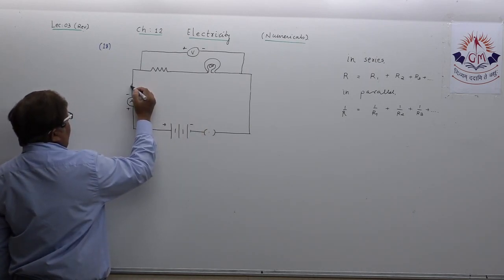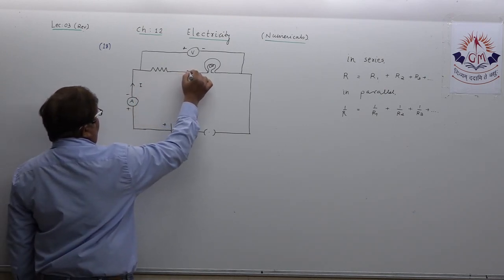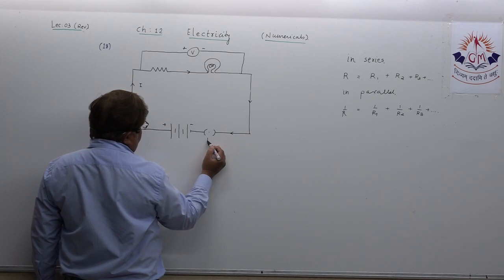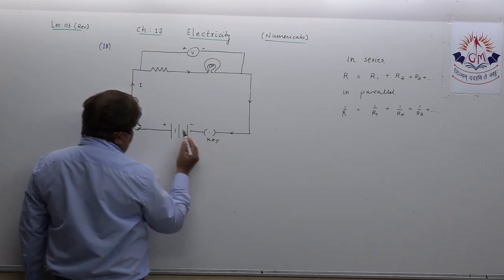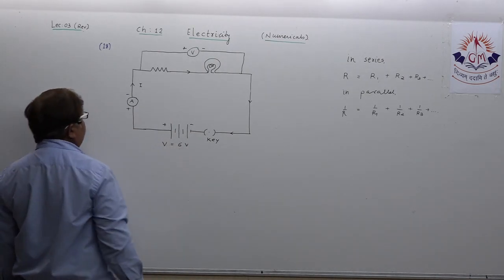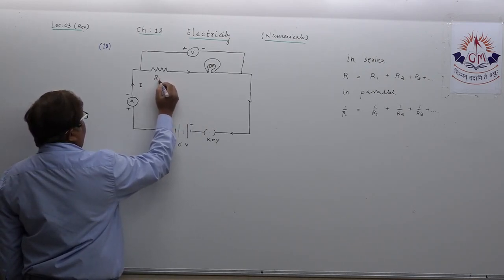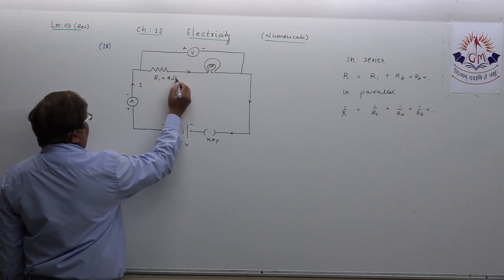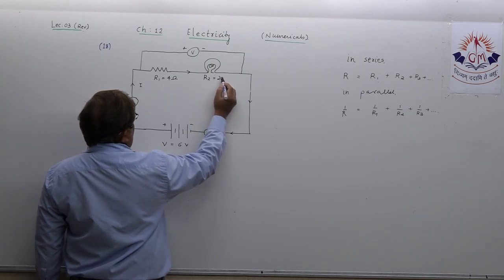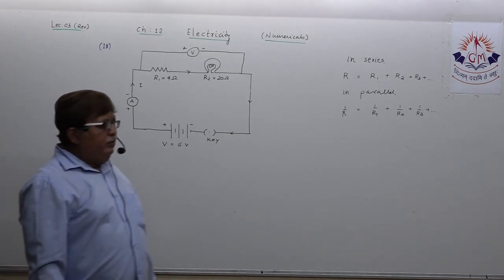You show the direction of the current I, which is going to flow from higher potential to lower potential. This is the key. This is the battery of 6 volt. This is the conductor resistor, suppose I call it R1 of 4 ohm, and I will call this bulb R2 of 20 ohm. The complete circuit has been shown here.